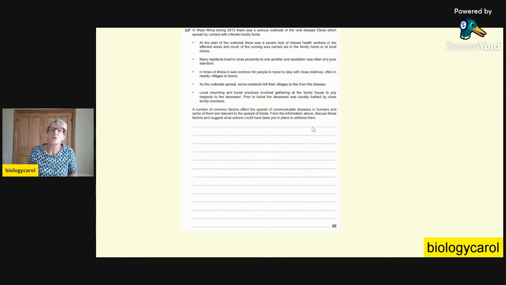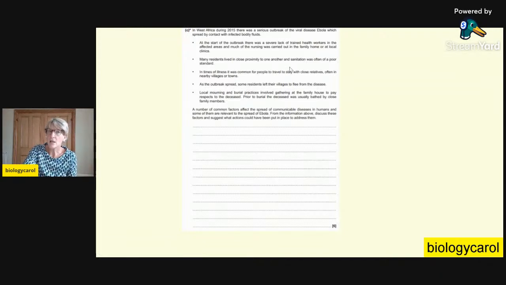So discussing is not just quoting what has been said in these 5 bullet points. Discussing is giving a little bit more biological information that you will know from your biology course, and then suggesting actions for these issues.